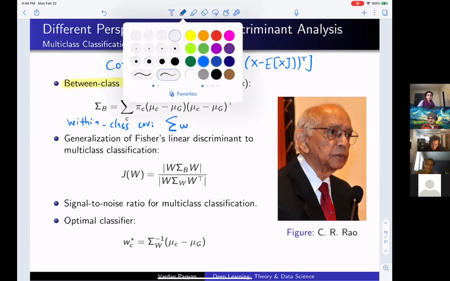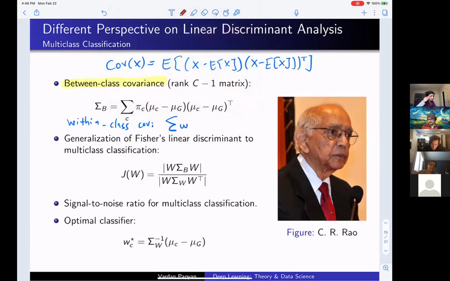Let's start with a simpler question. What would the following quantity mean if I just looked at sigma b determinant divided by sigma w determinant? What does this quantity mean, the alternative quantity in red? First of all, what does it mean to do a determinant? When you calculate a determinant of a covariance, what does that measure?